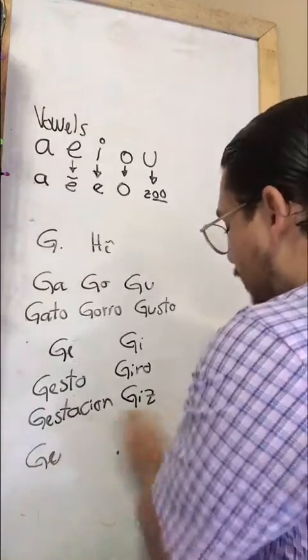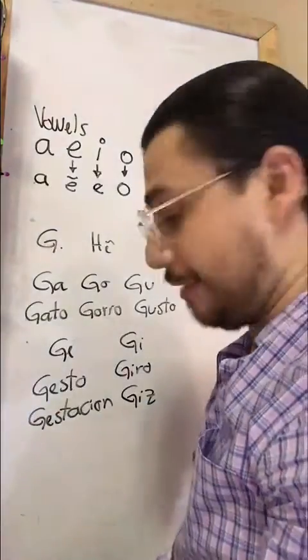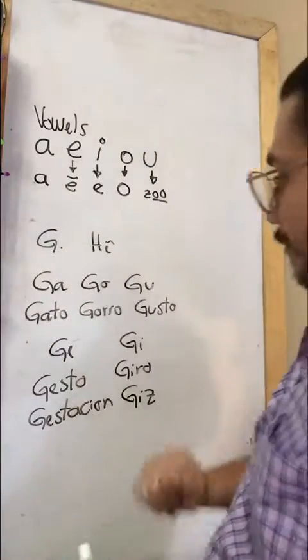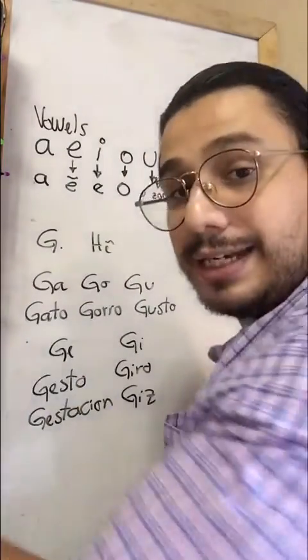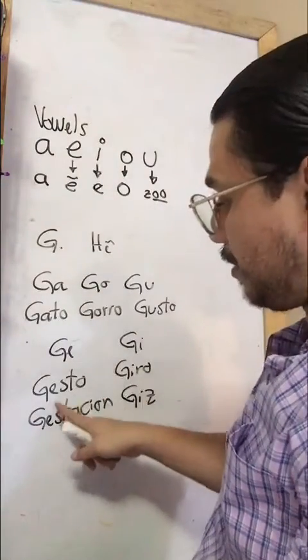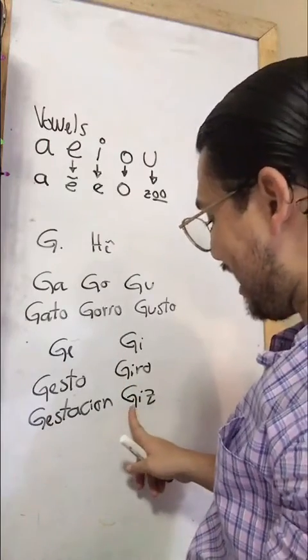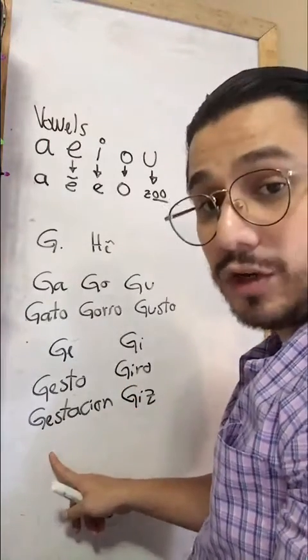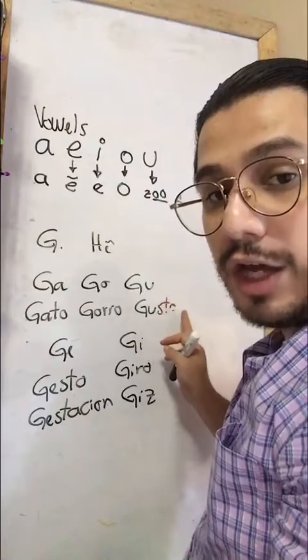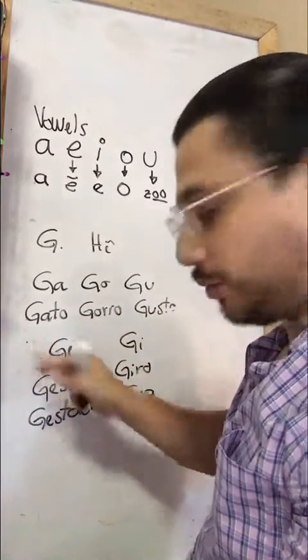So never mind this. At some point, someone is going to correct me. But right now, this is what I have for you with the letter G. It depends, because remember, gesto, giro, gestación, and then we have gusto, gorro, gato.